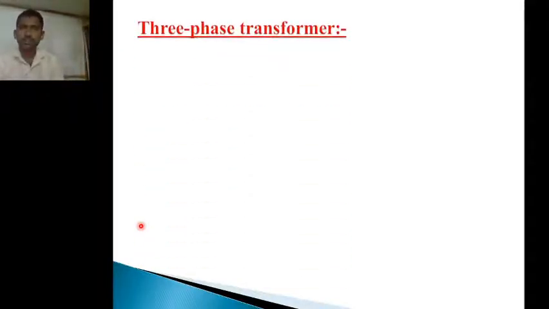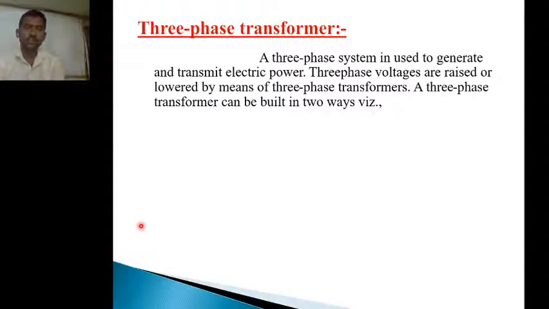A three phase transformer is normally used to generate and transmit electrical power. The three phase voltages are raised or lowered by means of three phase transformers. Three phase transformers are basically constructed in two ways. What are those two ways?